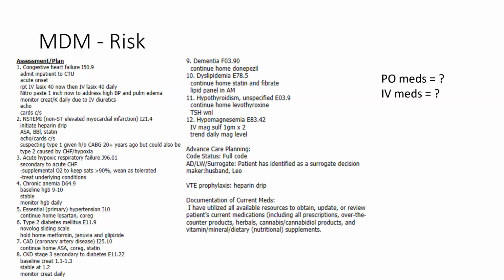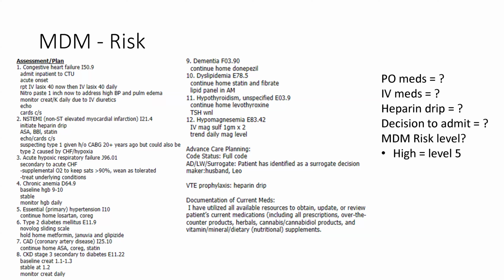The IV meds, we already had that discussion; you could argue 4 versus 5. The heparin drip is a straight 5 to me, because that is definitely intensive monitoring. Decision to admit is always a 5. Sorry, MDM risk level is a level 5.